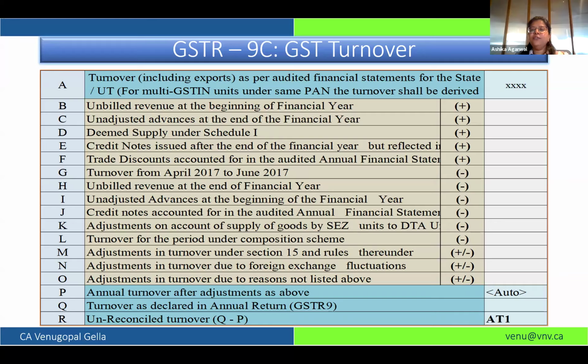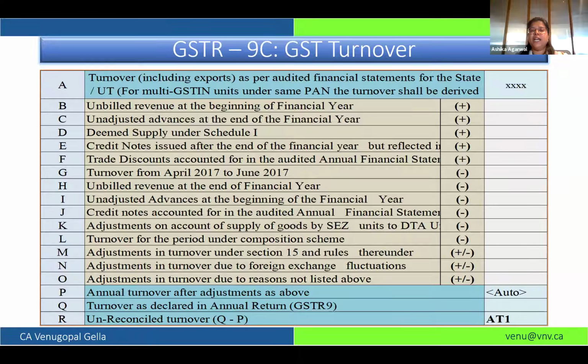5O: if none of the above applies, and there is still some adjustment left which does not come under 5B to 5N, the last option is this residuary option, 5O. What example can I take? One classic example is sale of fixed asset. Now, in the balance sheet, what we record is the profit or loss on fixed assets.